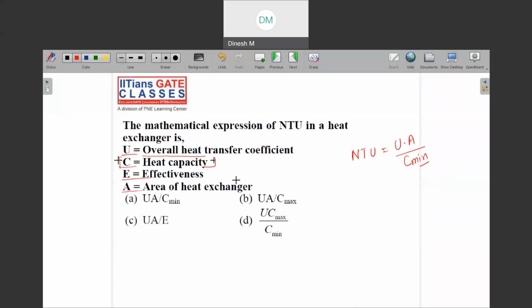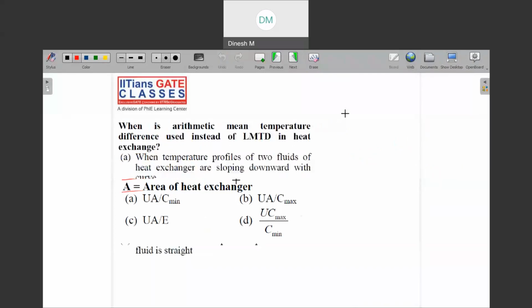It says, when is the arithmetic mean temperature difference used instead of LMTD in a heat exchanger? We can recall that we studied two special cases of LMTD, and we learned that when we were working with the counter flow, and the product of specific heat and mass for both the hot and cold fluids were the same, then the arithmetic mean itself is the logarithmic mean temperature difference.